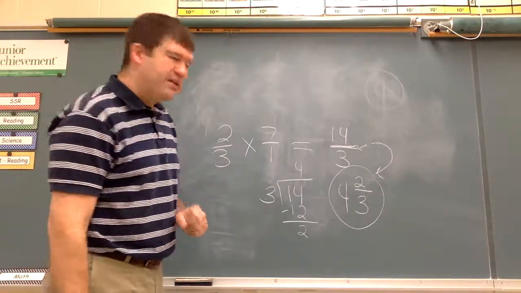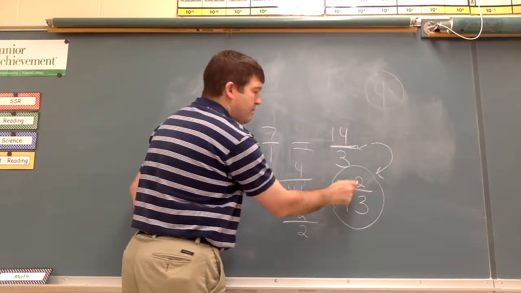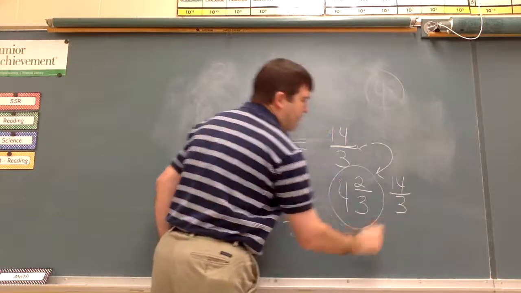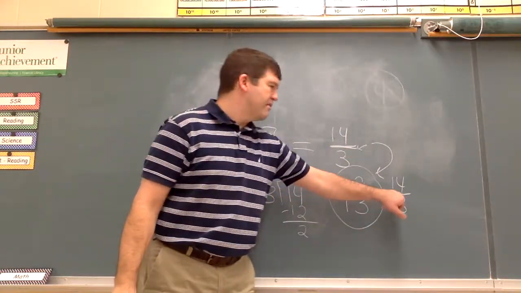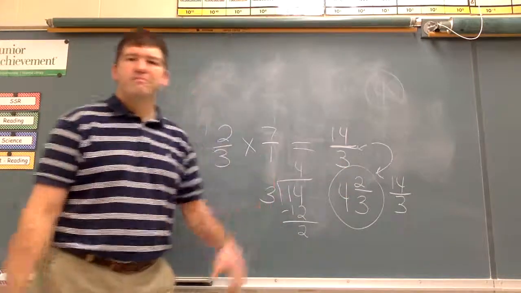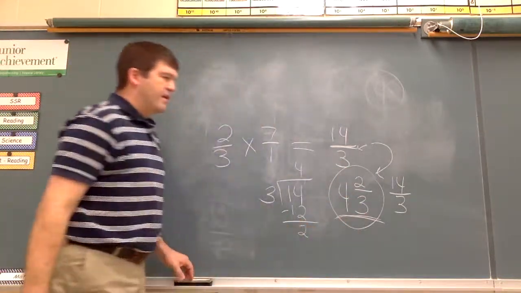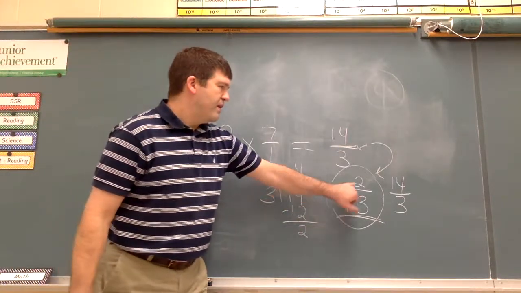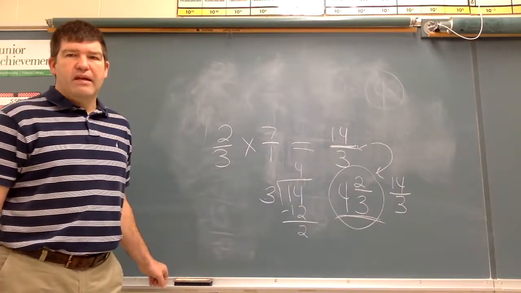You always want to check it. 3 times 4 is 12, plus 2 is 14. Keep the same denominator, 14/3. It's the same, but this is a more acceptable way of writing it. You know you have 4 wholes and a little fraction left, 2/3 of a whole left.